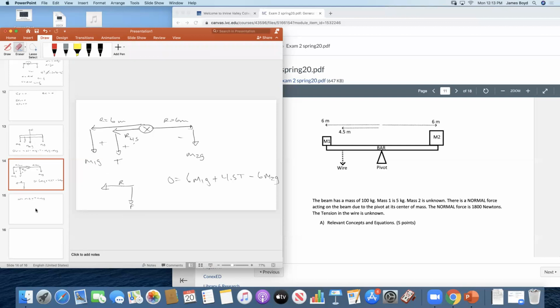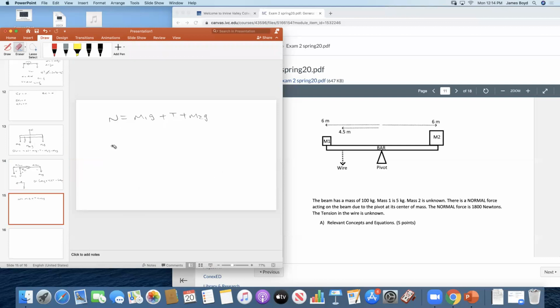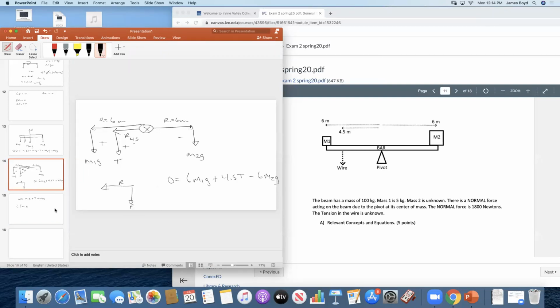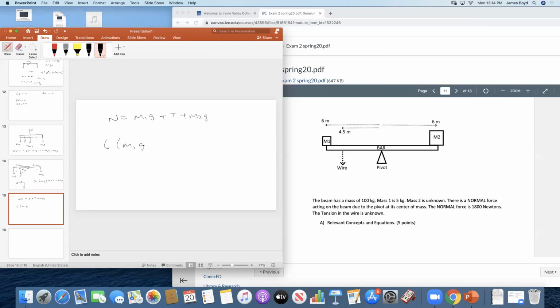Here, for the torque equation, I'm going to move this guy over, you'll see why. I'm going to write 6 m2g is 6 m1g plus 4.5 t. And now here, we know n is 1800.